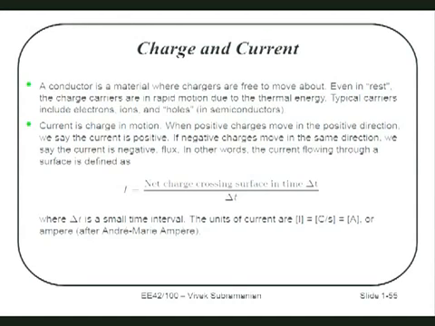Now, the relationship between charge and current, of course, is based on the charge on an electron. An electron, as we've already answered, has a charge that is negative, so it's minus 1.6 times 10 to the minus 19 coulombs.